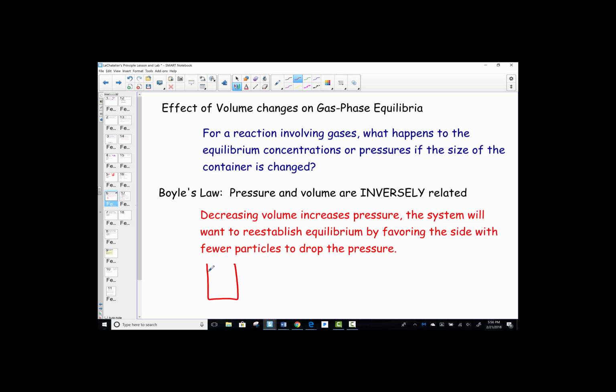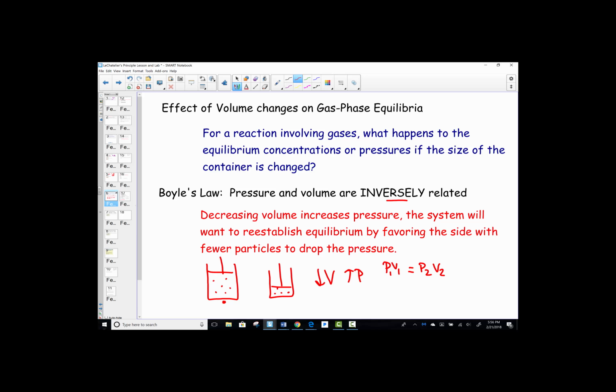If I have a sealed container, such as a capped syringe or piston, with a certain number of gas molecules, and I decrease the volume, decreasing volume increases pressure. Boyle's law says they have an inverse relationship, so P1V1 equals P2V2. That's from our gas laws instruction in first semester.